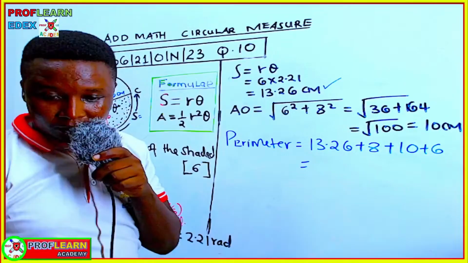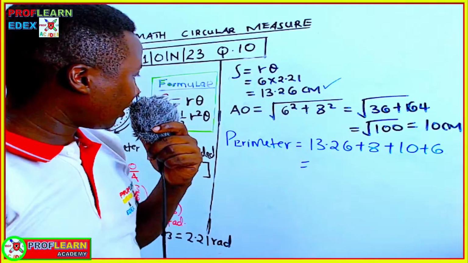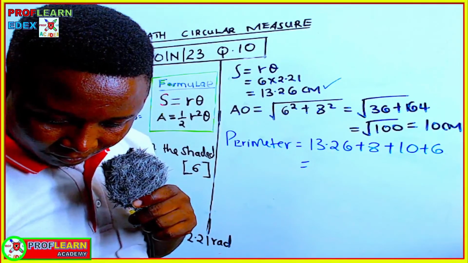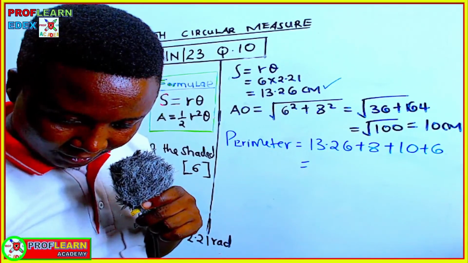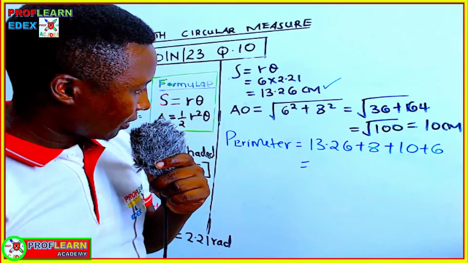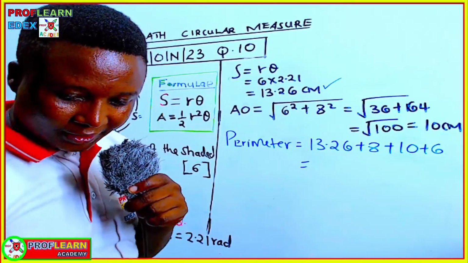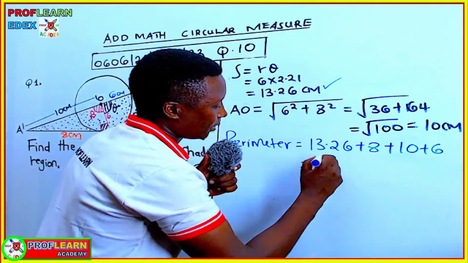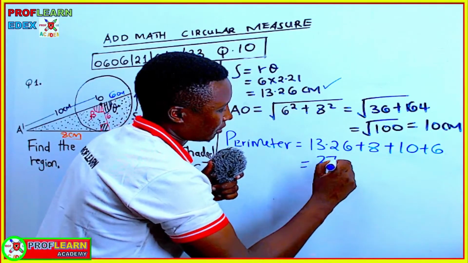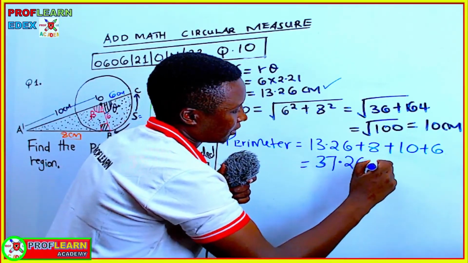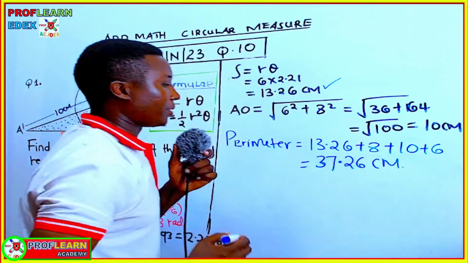Let's see what we get. 13 plus 8 plus 6, then plus 10. I'm getting my value as 37.26 centimeters as the perimeter.